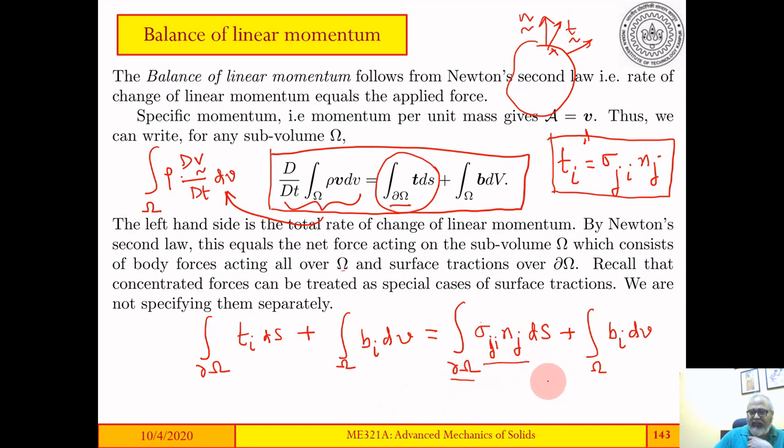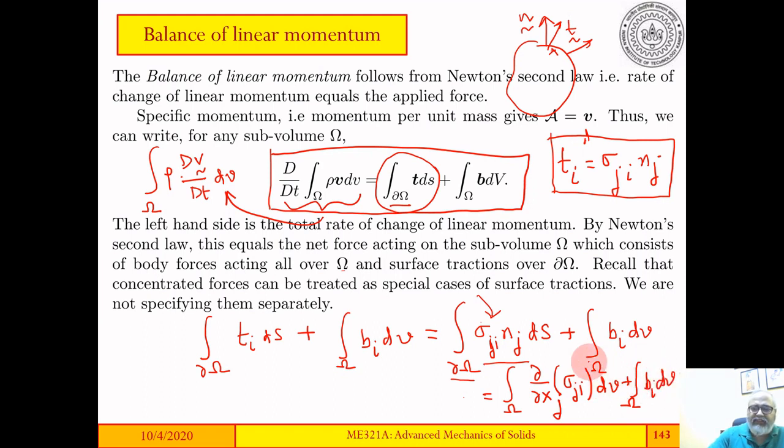Now I can apply the divergence theorem. I have nj here, so I convert this into a volume integral with del xj of sigma ji dV, plus of course the body force term remains.